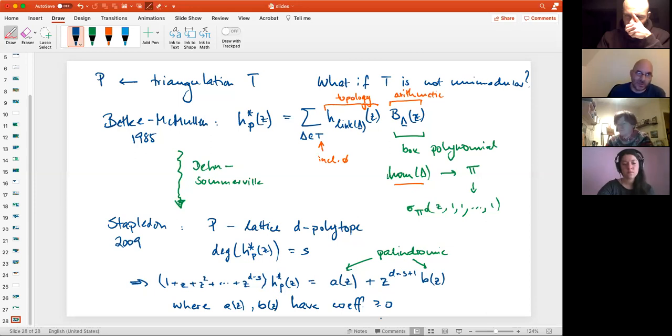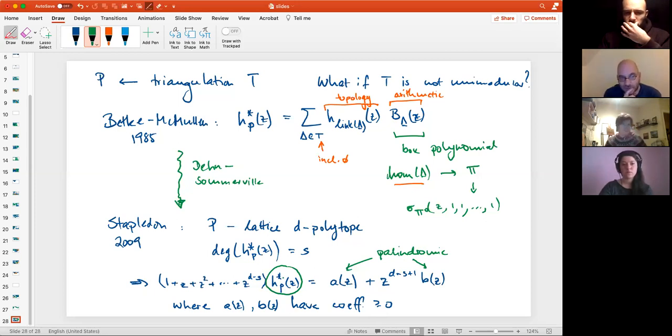So you might remember from yesterday, there was the Stanley theorem that says that this polynomial over here has non-negative coefficients. And I'm multiplying by some polynomial with non-negative coefficients. So you see here a polynomial with non-negative coefficients, and I'm decomposing it.